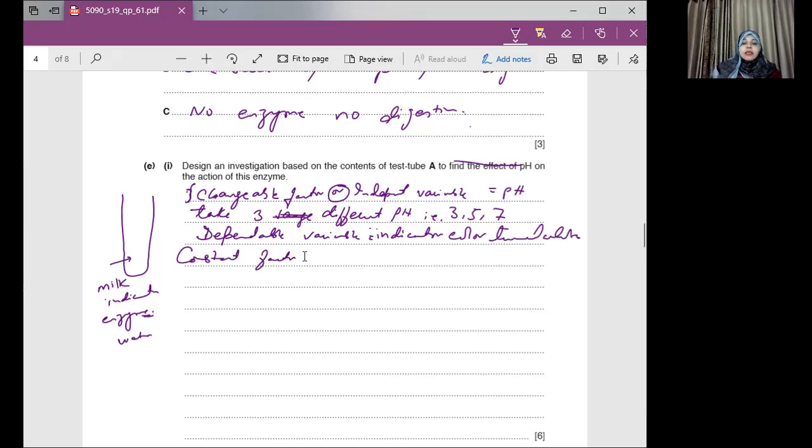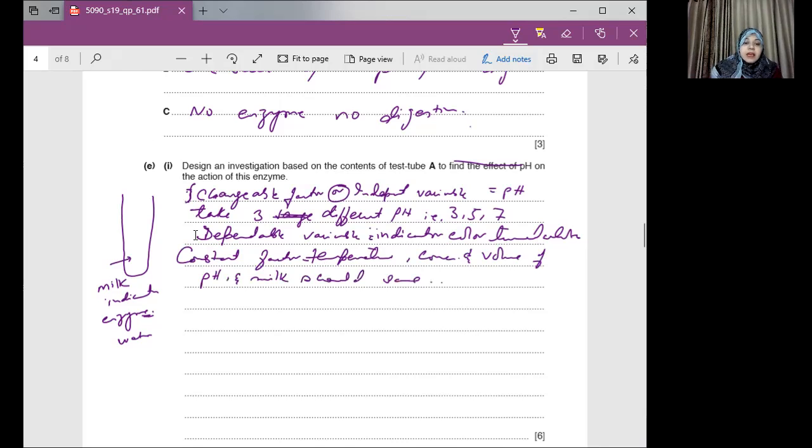when someone is saying what factors you have to keep constant, the most important factors here are temperature, concentration, and volume of milk, which should be the same, right?